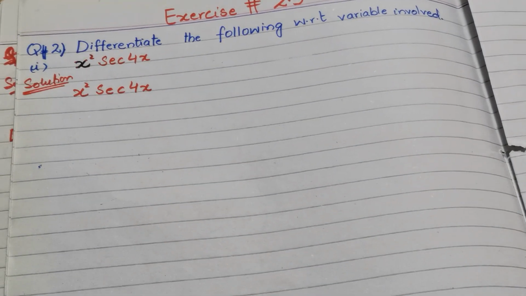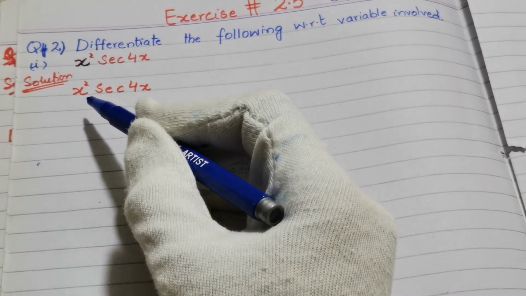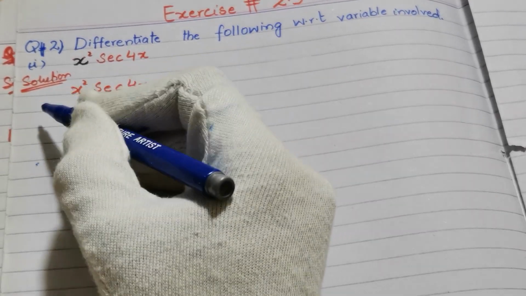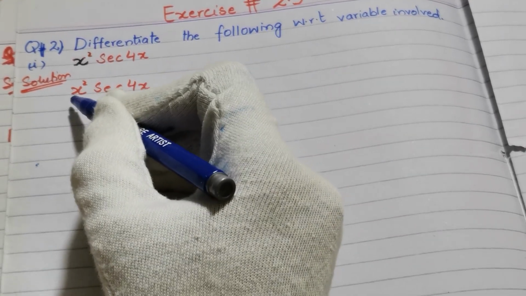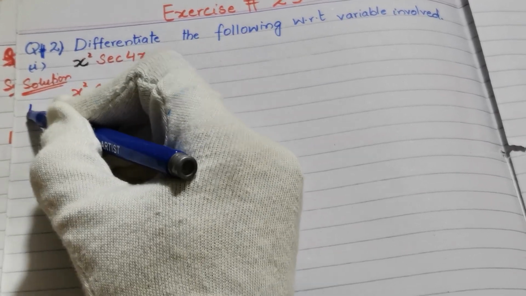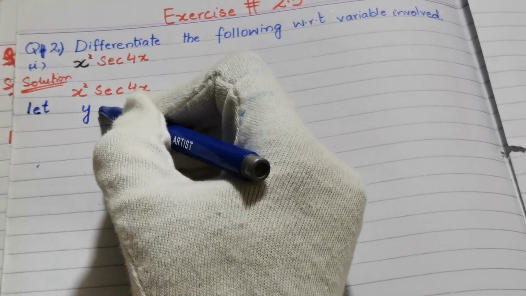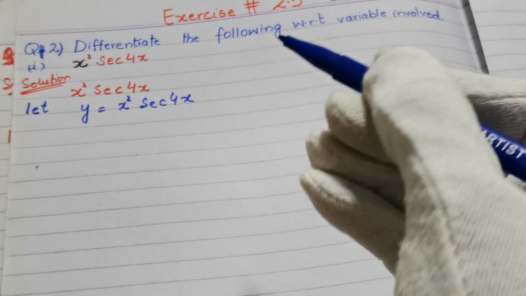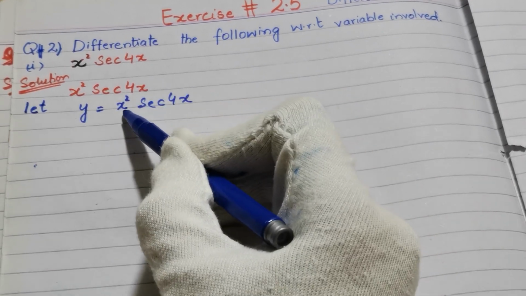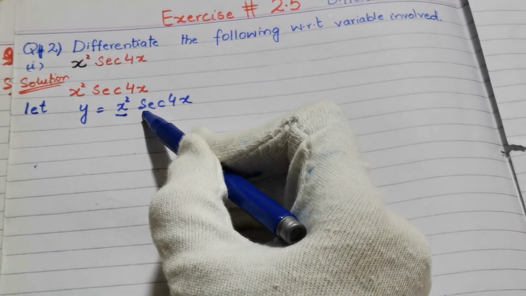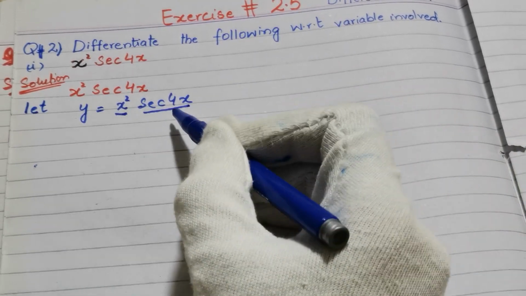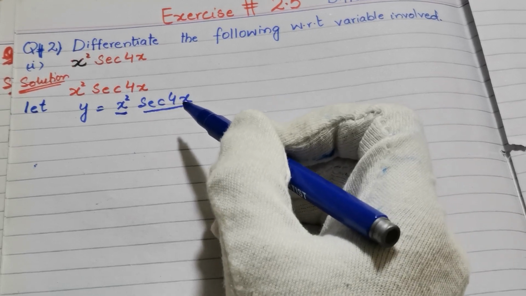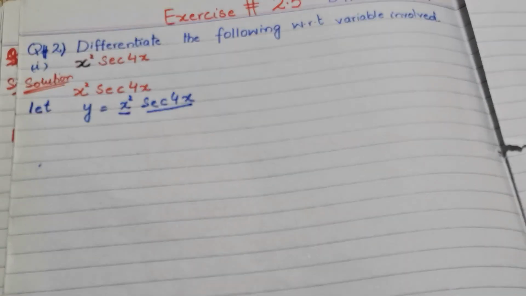Now we will solve question part 1. First of all, the first step is differentiation. We will suppose let y is equal to x square secant 4x. Now we can see that there are two terms, first term and second term. So here we apply the product rule and we will differentiate.